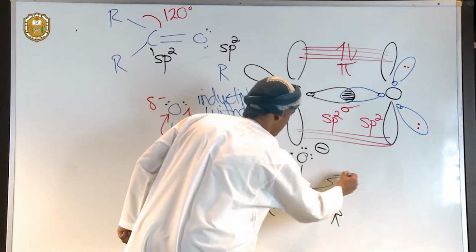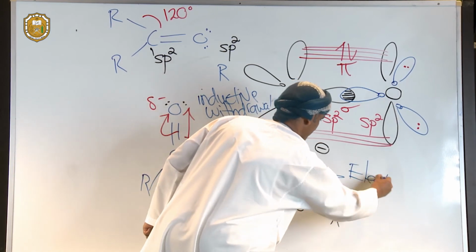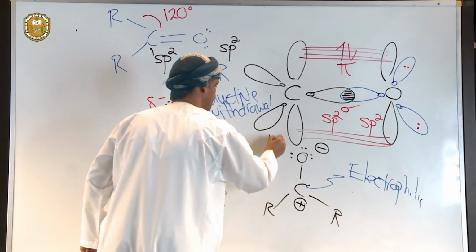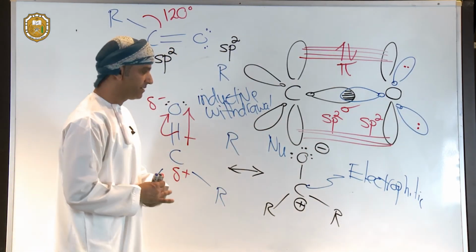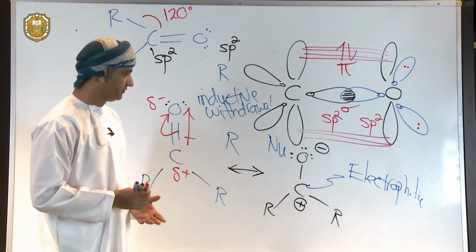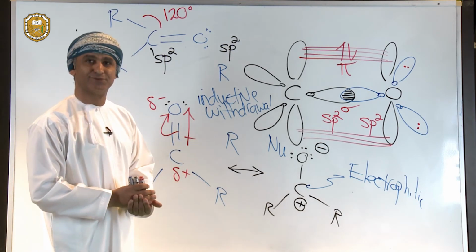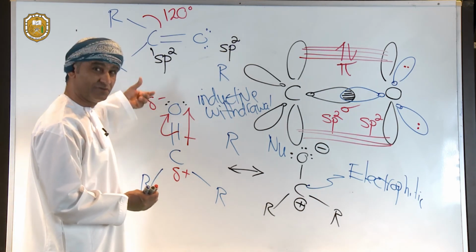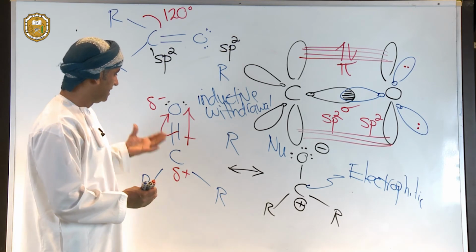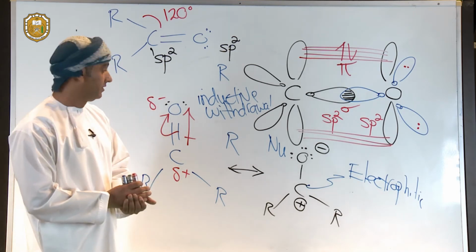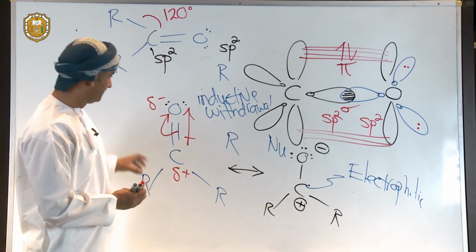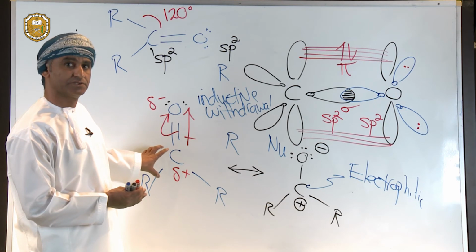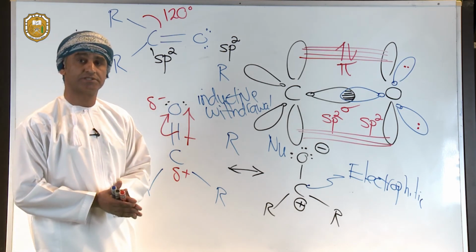So we can label this as electrophilic. The carbon is electrophilic, and oxygen obviously is nucleophilic. So carbon is electrophilic, oxygen is nucleophilic, not only because of resonance withdrawal, as you see in front of you, but also as a result of inductive withdrawal, which is also a consequence of the difference in electronegativity between oxygen and carbon, leaving a positive partial charge on carbon and a negative partial charge on oxygen.